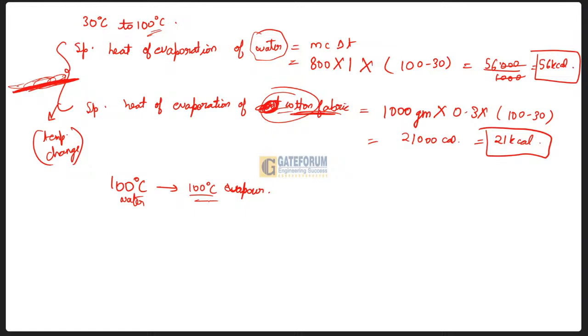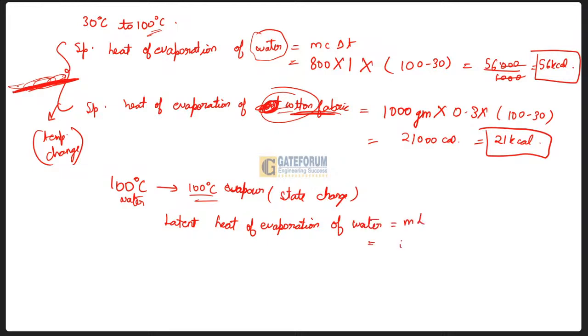So the latent heat of evaporation of water is mL.